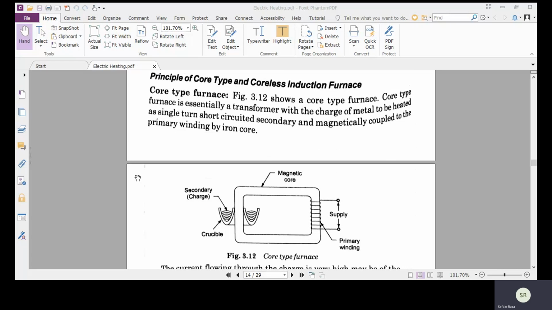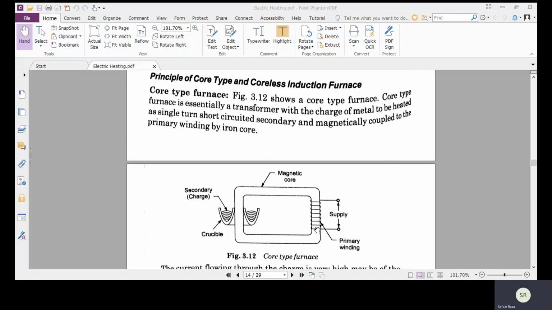In the figure, the core type induction furnace is shown. The core type furnace is essentially a transformer with the charge of metal to be heated as a single turn short circuited secondary, magnetically coupled to the primary winding by an iron core.